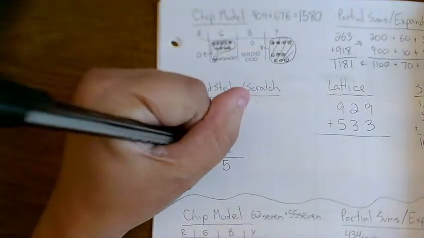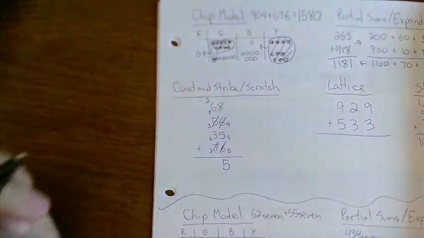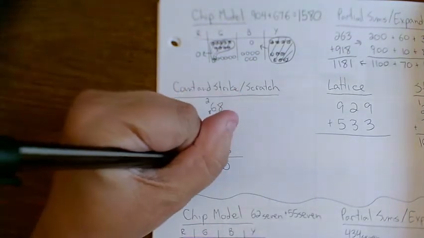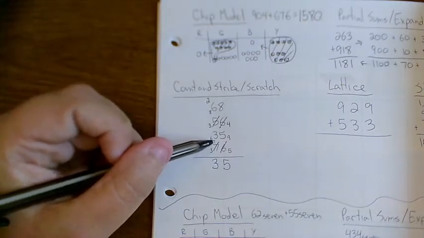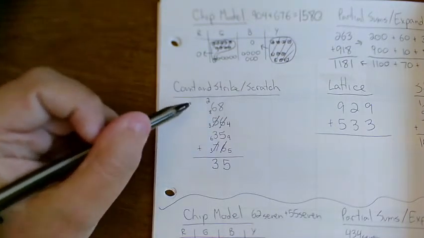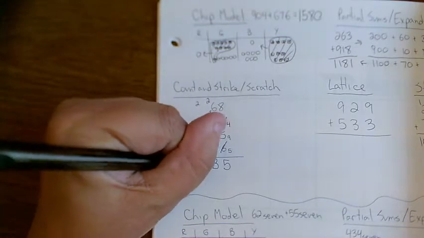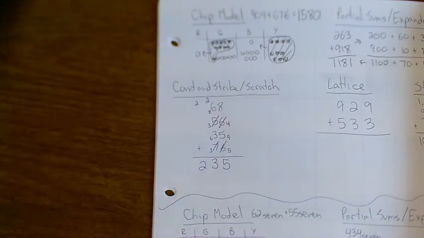So that's 10 with 3 left over. So we ended with 3, and then again we made 2 groups of tens, which would transfer to be hundreds. So 68 plus 56 plus 35 plus 76 should be 235.